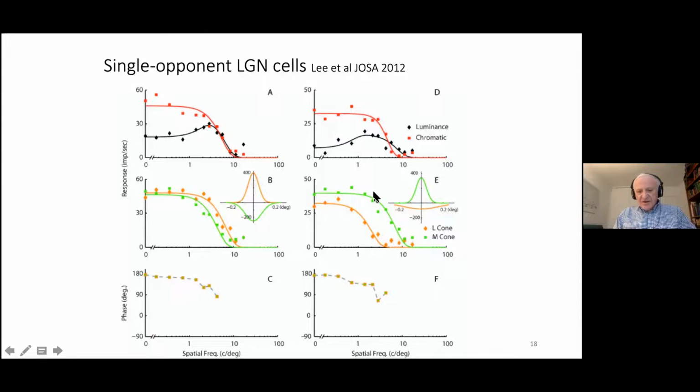This is for one neuron, this is for another neuron. This one was L plus M minus. Here, this was M plus L minus. And they were just Gaussian-like in space. The cone inputs had a kind of Gaussian blob spatial profile.